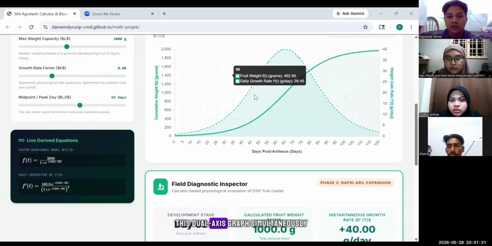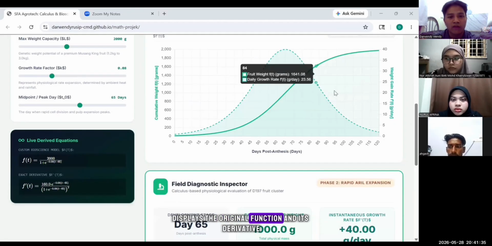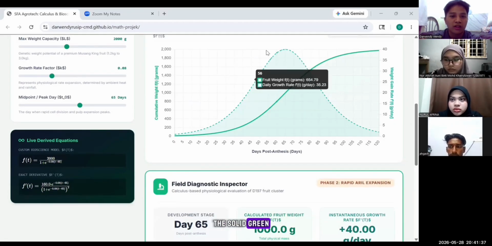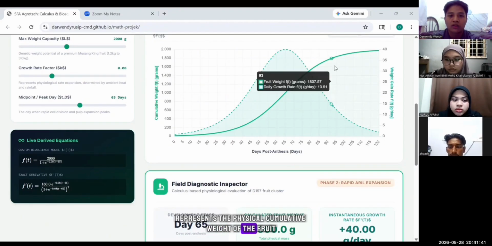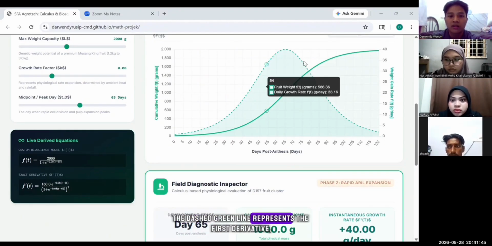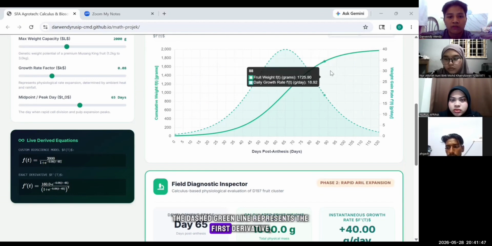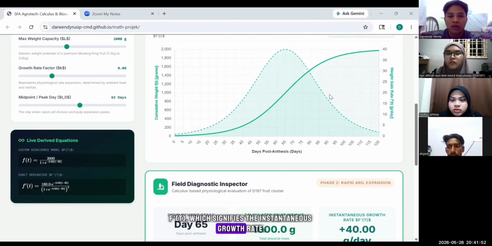This dual-axis graph simultaneously displays the original function and its derivative. The solid green line represents the physical cumulative weight of the fruit over time. Meanwhile, the dashed green line represents the first derivative f'(t), which signifies the instantaneous growth rate.